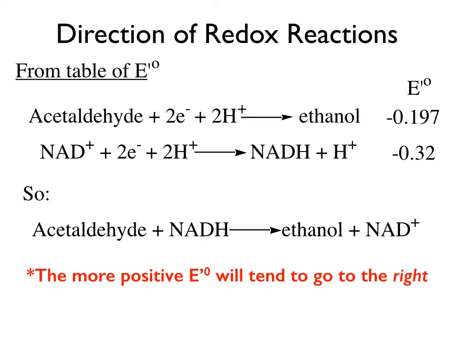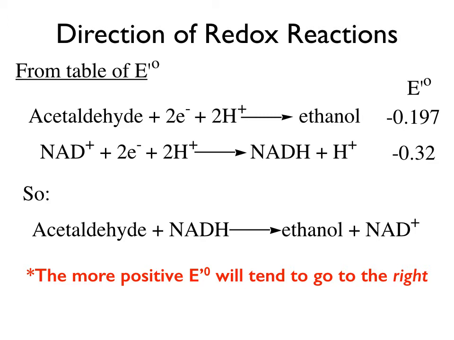Acetaldehyde plus NADH yields ethanol plus NAD+. To figure out which way we should write the reaction, what should be the reactants and what should be the products, it will always be true that the more positive E'0 will tend to go to the right. And so that's why we write acetaldehyde and NADH on the left and ethanol and NAD+ on the right.